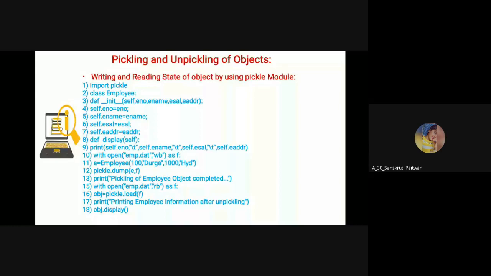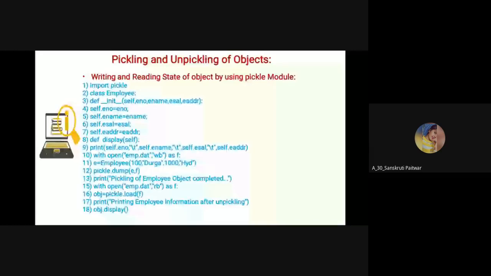So open emp.dat in 'wb' mode as f, then e = Employee(100, 'Durga', 1000, 'HYD'). Then pickle.dump(e, f), where e is the employee object and f is the file. Then print pickling of employee object completed. Now whatever state the employee object e has is written in the emp.dat file.